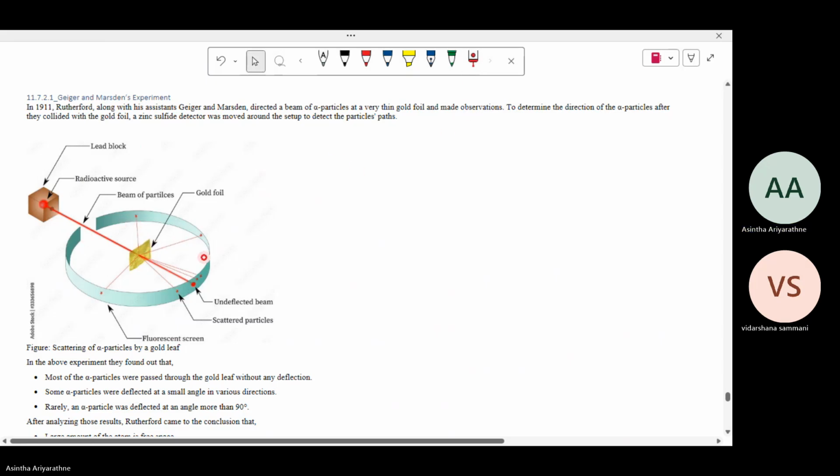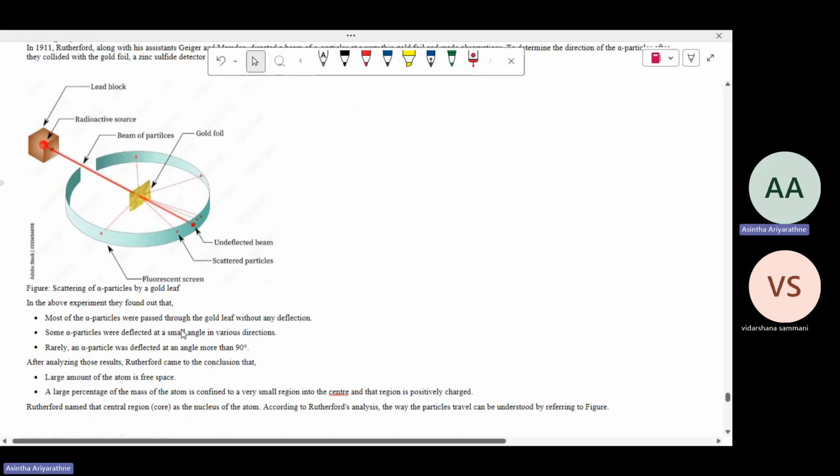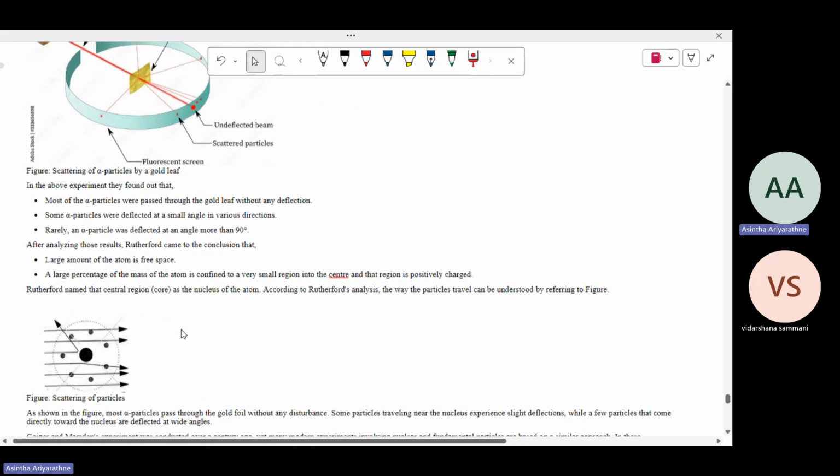So most of the alpha beams are deflected only a little bit and fall on the back of the gold foil, but some, rarely one or two, would deflect more. Right? So from that experiment, here is a close-up of that.